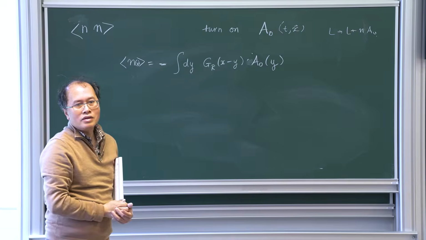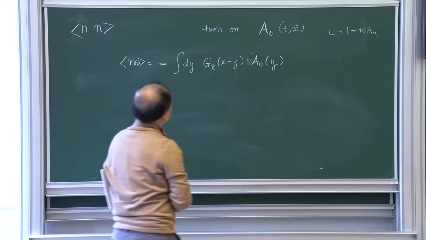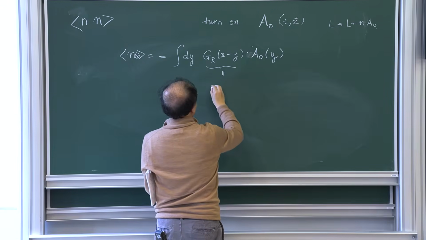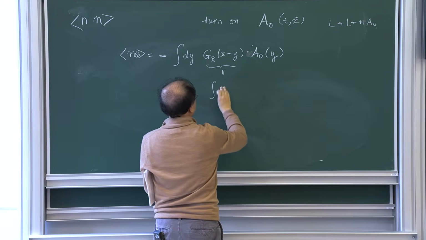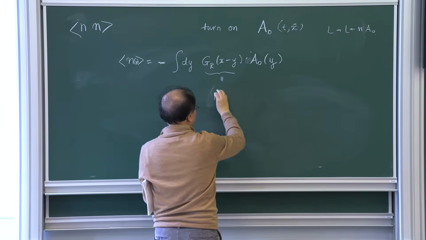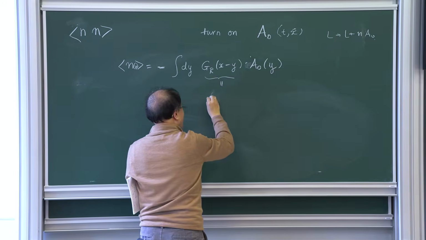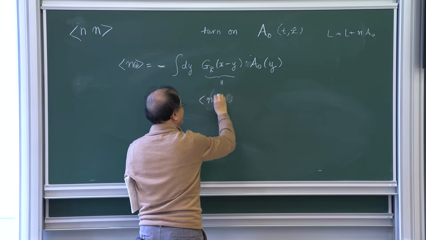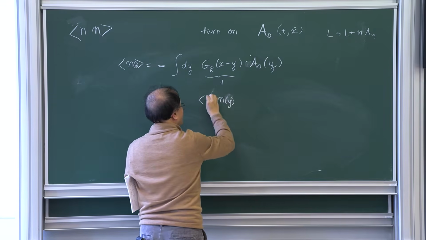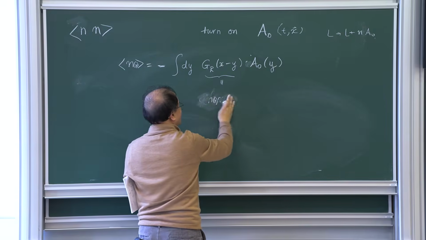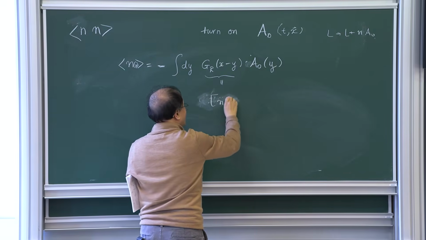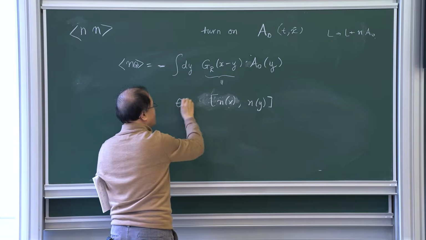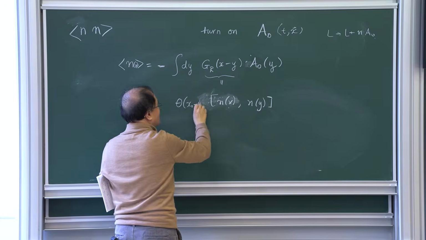The retarded propagator of which operator? Of the n operator. So this retarded propagator is the integral over the commutator of n(x) and n(y) times theta of x0 minus y0.